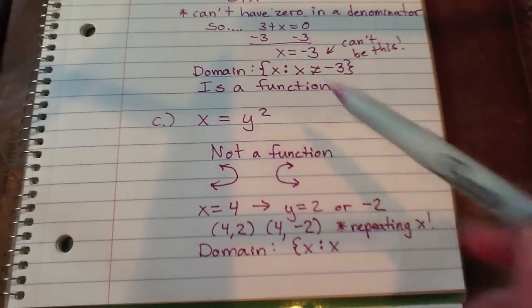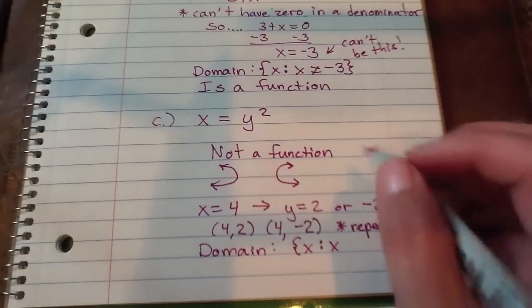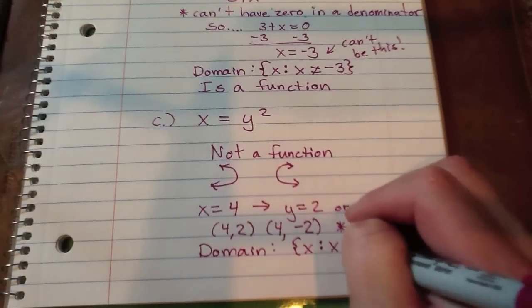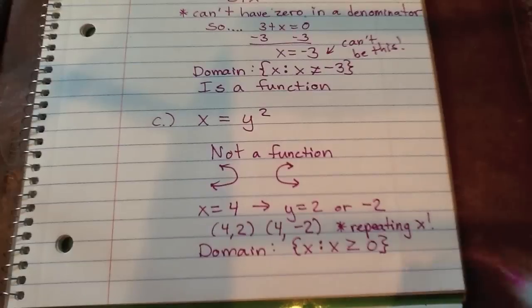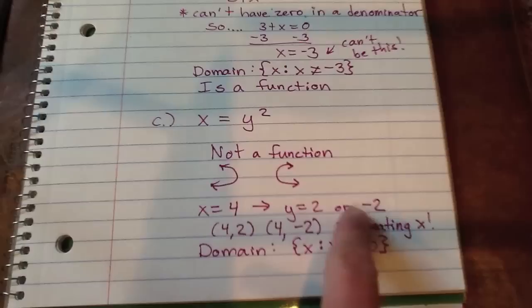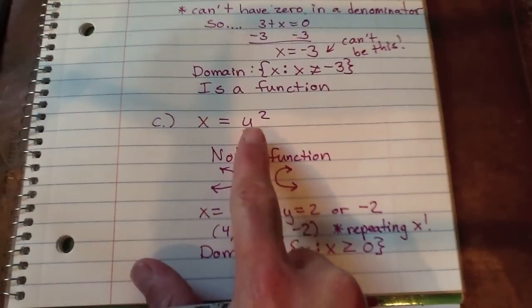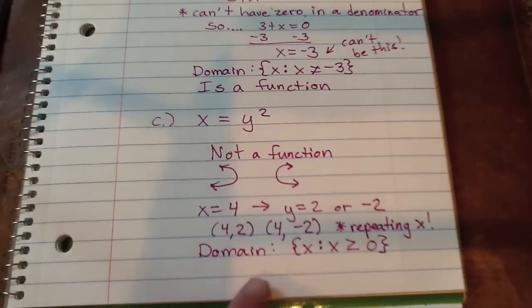Everything ends up being positive, which means all your x's are always going to be greater than or equal to 0. They can't be below that. And for example, if let's say y was -2, when we plug in -2, it becomes a +4. So you're never going to go below 0 on those. And that's this lesson.